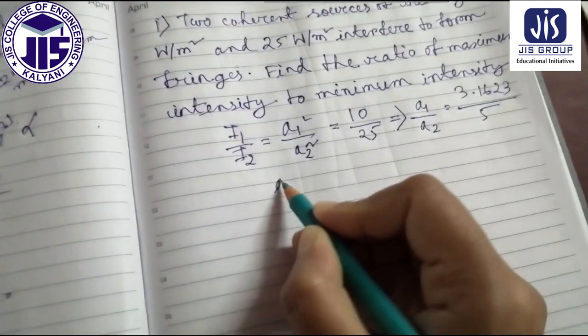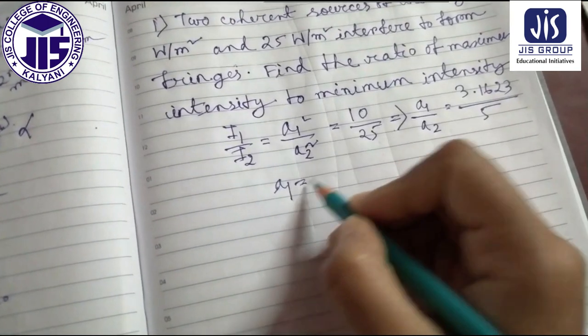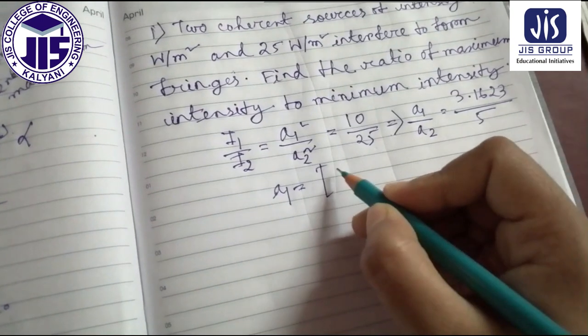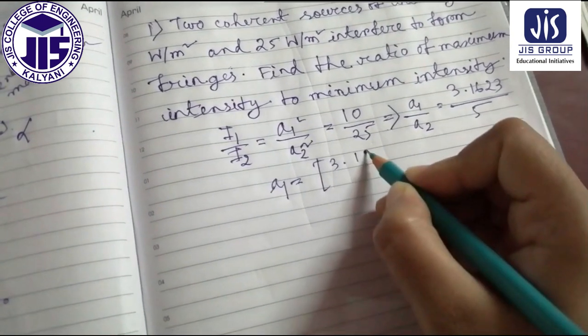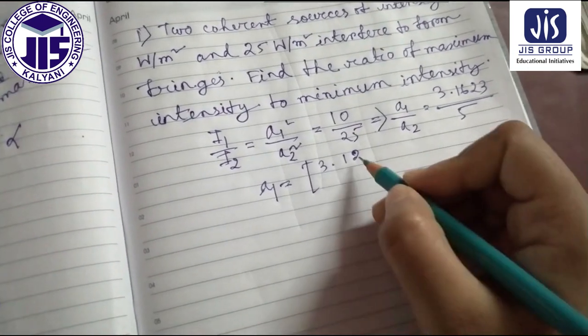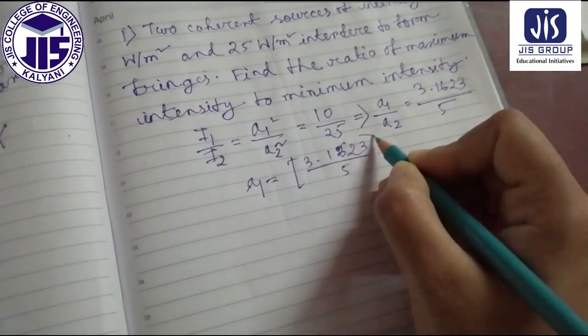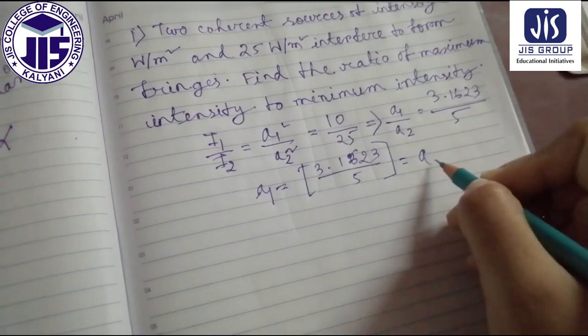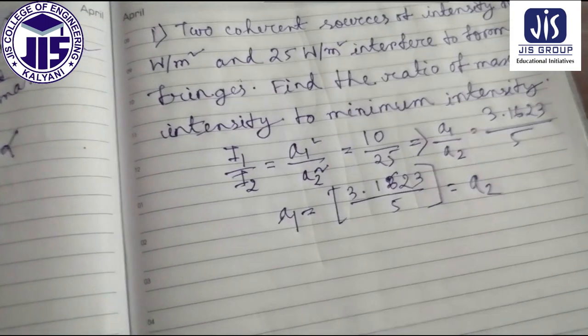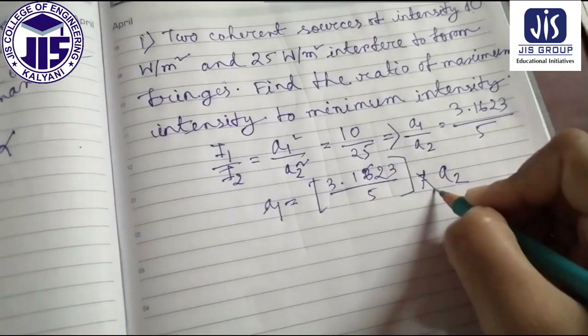Now A1 is equal to 3.1623 divided by 5 into A2.